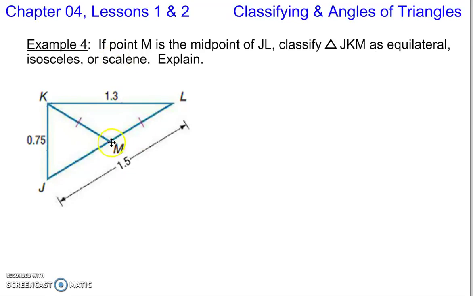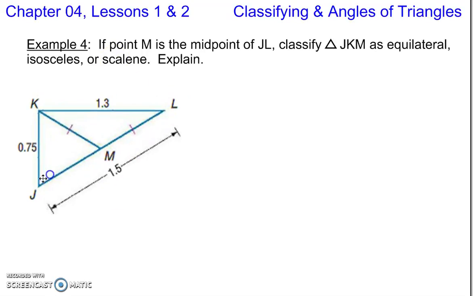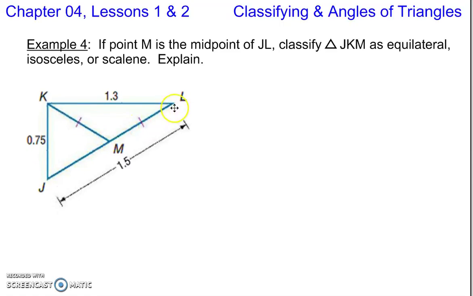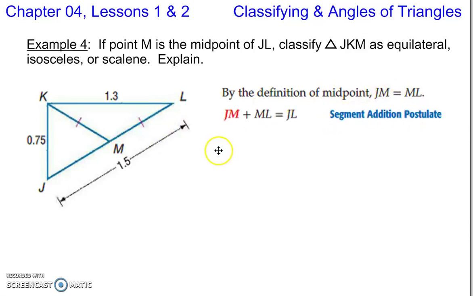Now here, if point M is the midpoint of JL, classify JKM, so this small triangle down here, as equilateral, isosceles, or scalene. So first we'll have to figure out the measures. We know that M is the midpoint, which means JM and ML are the same measure, definition of midpoint. Add those together, you get JL, that's the segment addition postulate.